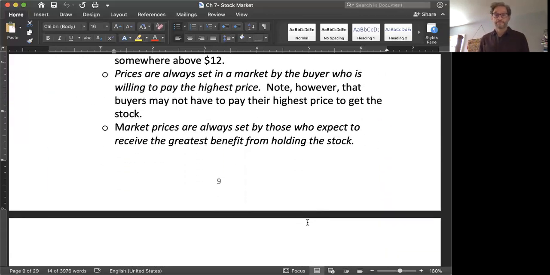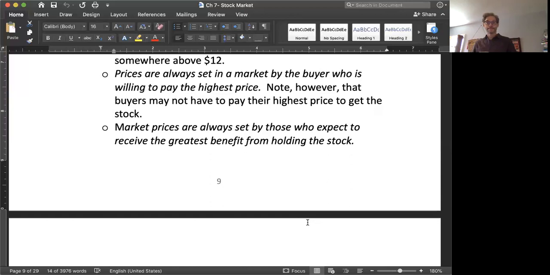In a market, prices are always set by the buyer who's willing to pay the highest price, right? So whoever is willing to pay the highest price is going to be the person who really buys that stock, right? And so market prices are set by the person who values the stock the highest. If you do not value that stock the highest, you won't be buying it, right?